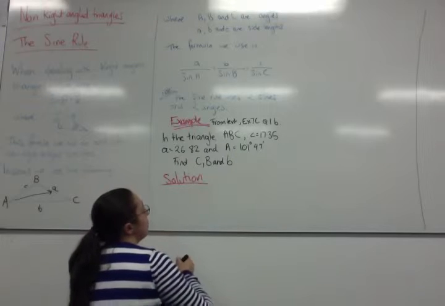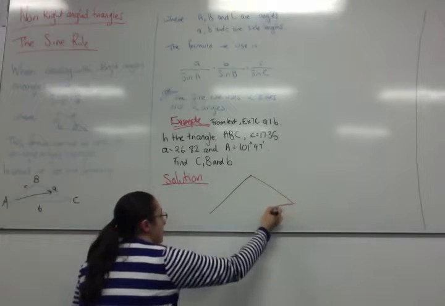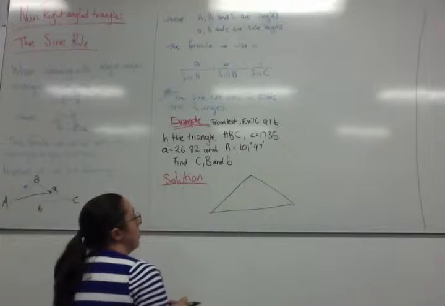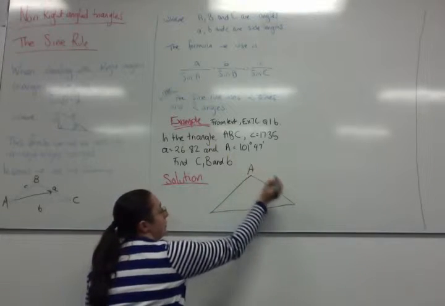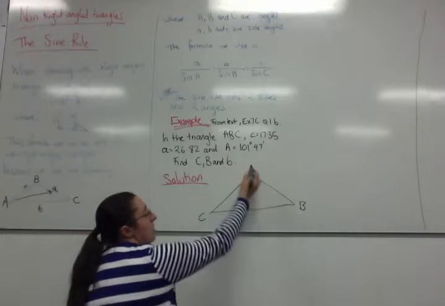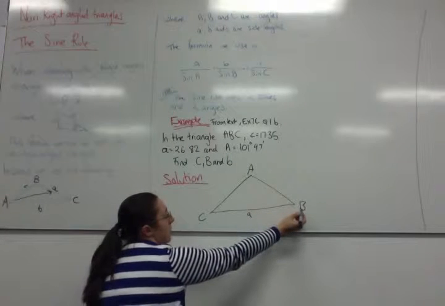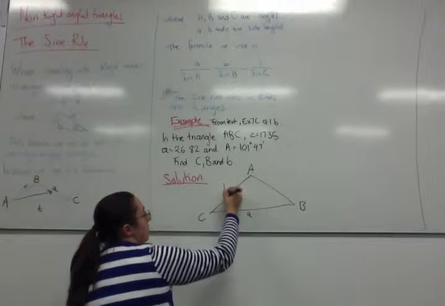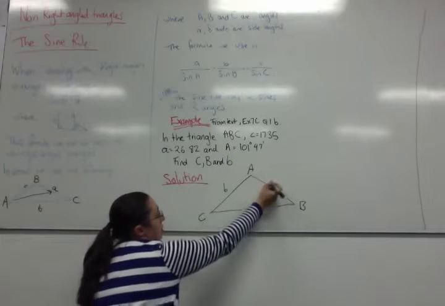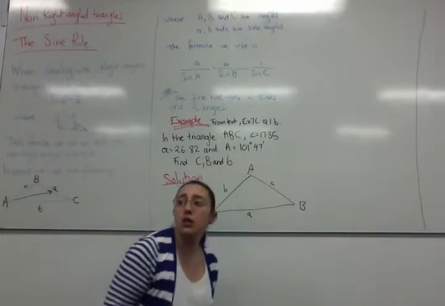So here is our triangle. Something like this, not to scale. We've got an A, B, and a C. So the side a is directly opposite the angle A. Side b is directly opposite B. And the side c is directly opposite C. So now you fill in.